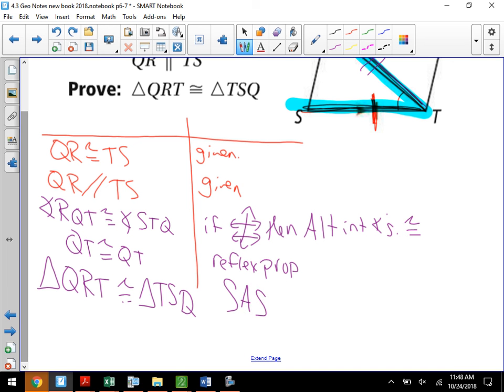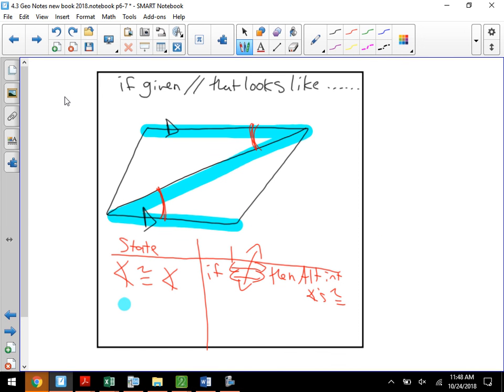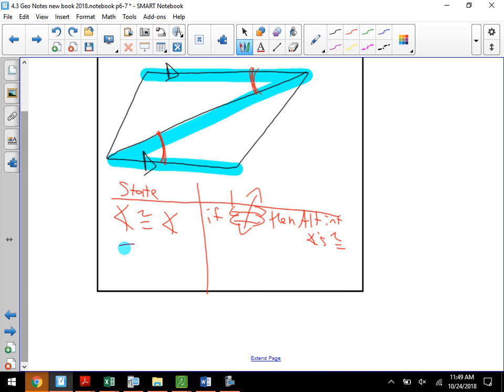So maybe on the progression that had the Z, put a hint next to yourself. That transversal is always reflexive.